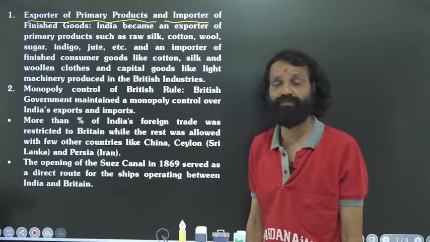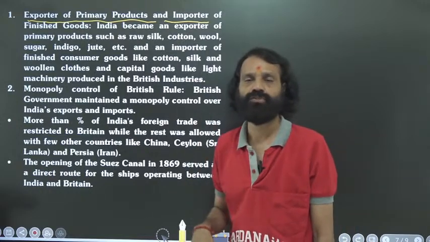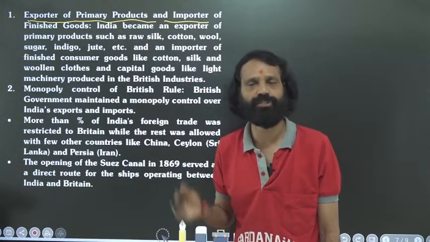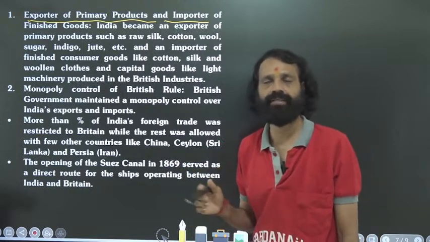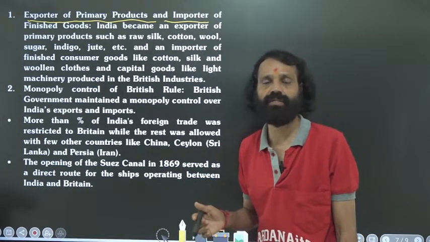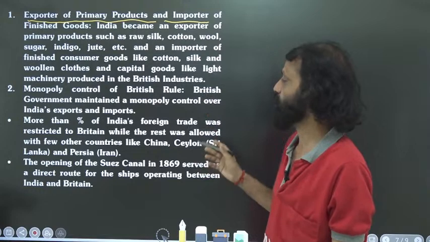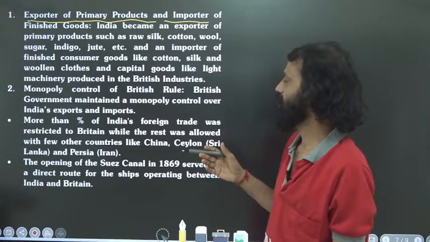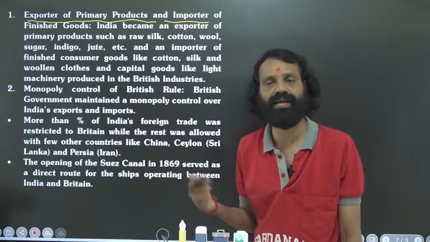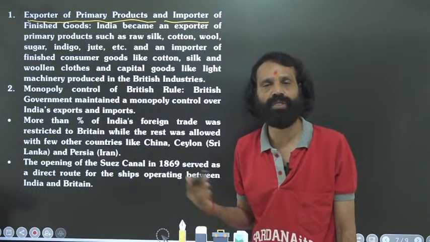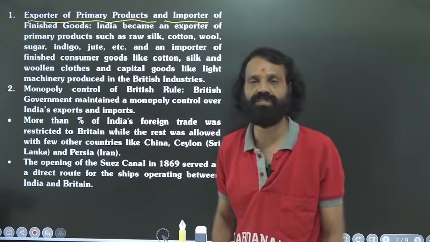We were exporting raw materials to Britain, then Britain's companies made finished products and sent them back to India. Those industries made a lot of money, and Britain's economy went up and totally developed, while India's economy was finding its worst time.